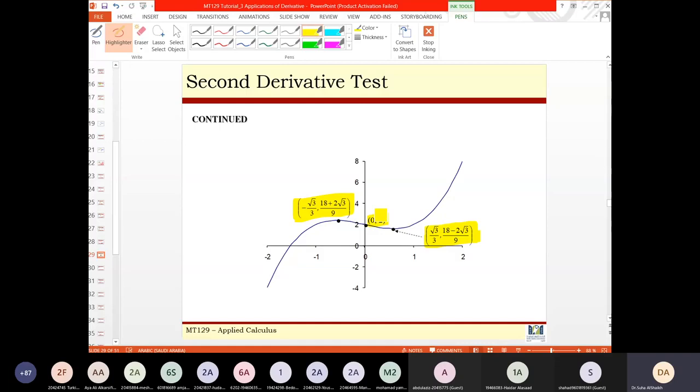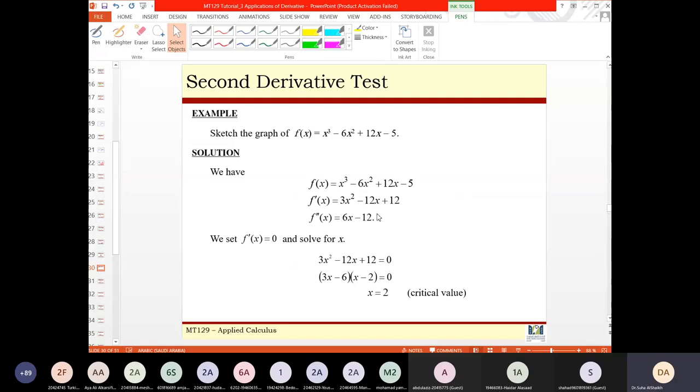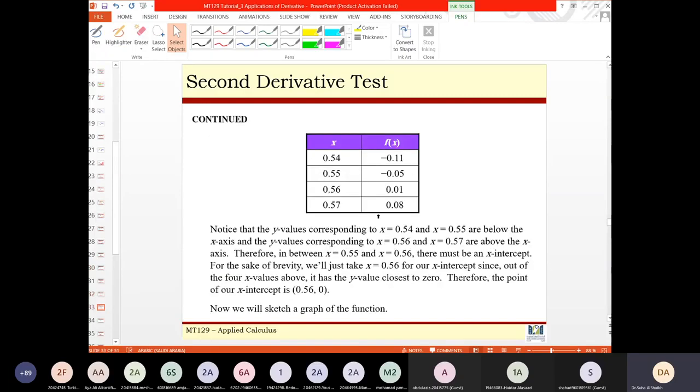Okay. So any question here? Okay. So we have this example here.